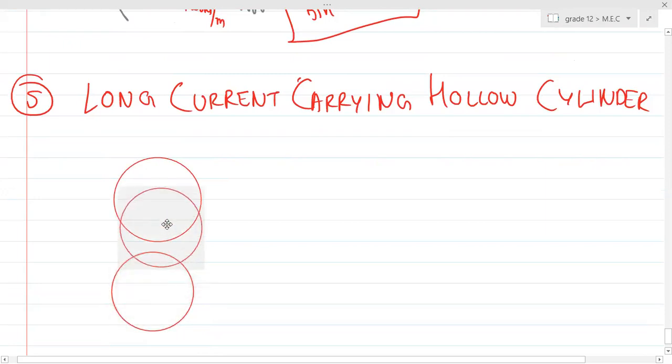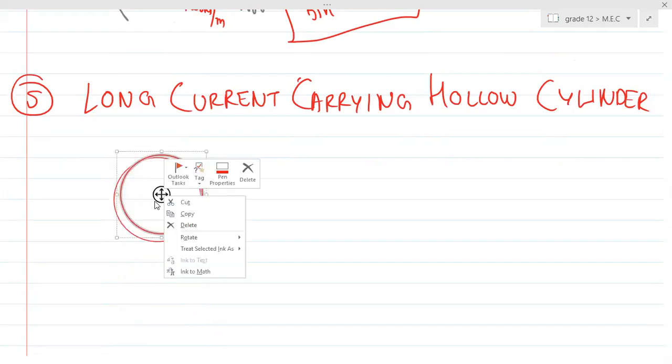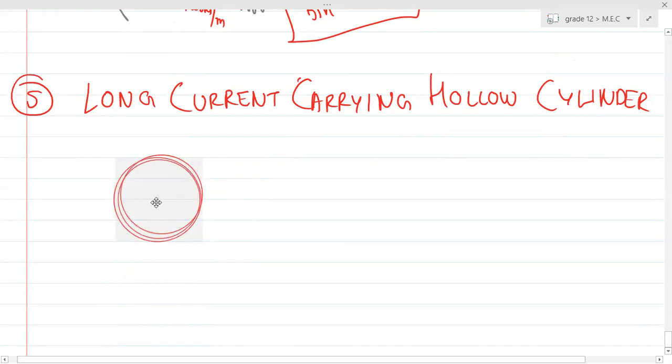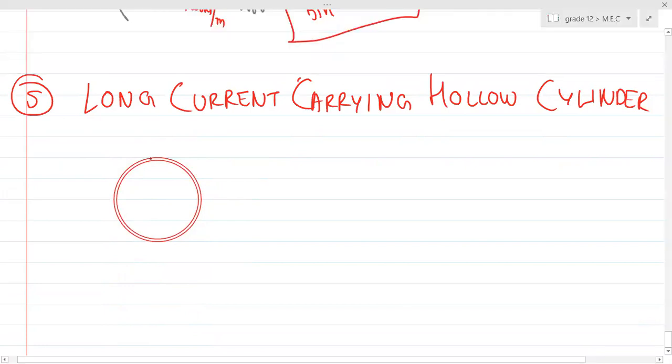Little bit smaller, and let's place it there. So guys, can you see a current carrying hollow cylinder? What is the direction of current? Let's take the current as going into the page. So the current is going like this.